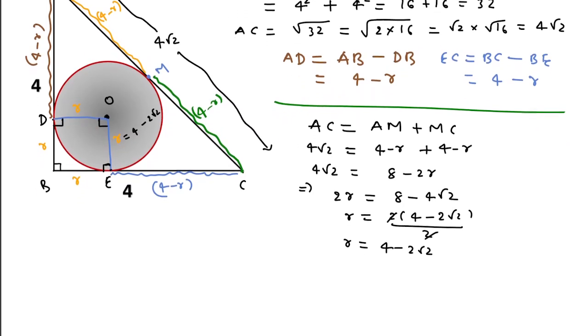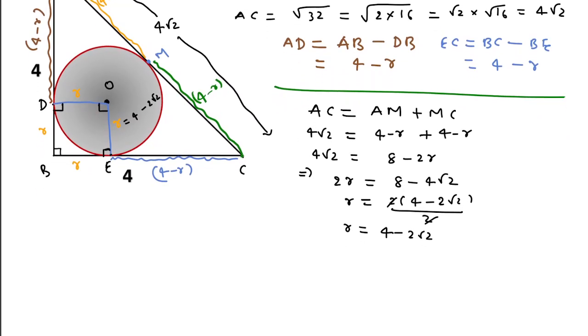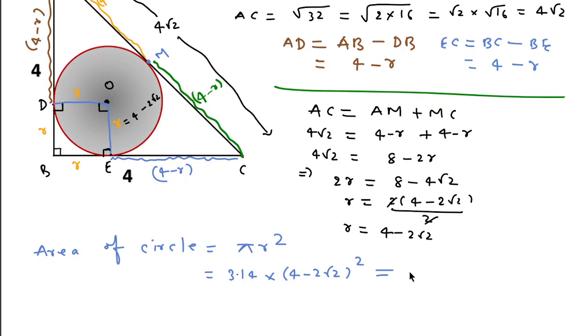So if we want to find the area of the circle, we can write area of circle. After this I will find another way to get the radius. Okay, wait for a few minutes. Circle is pi r square. Pi is 3.14 and radius is 4 minus 2 root 2, which we have just calculated using the a minus b whole square formula. We can write a square plus b square minus 2ab.